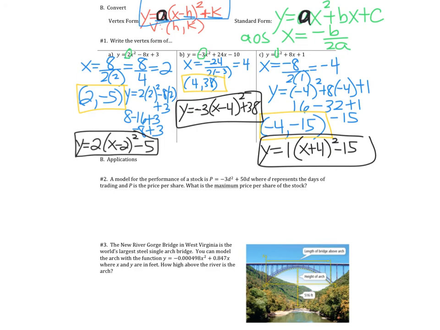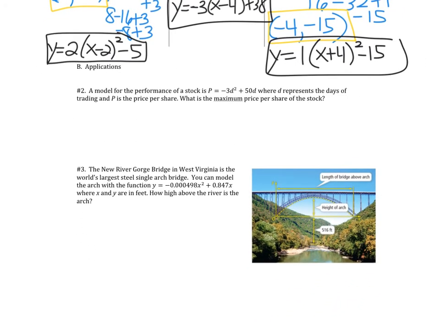Now, you guys love to ask me, when are we ever going to need this? Well, here we go. We need it today when we're doing these application problems. So number 2, a model for the performance of a stock is P equals negative 3d squared plus 50d, where d represents the days of trading. So d is how long the stock is on the market in days.